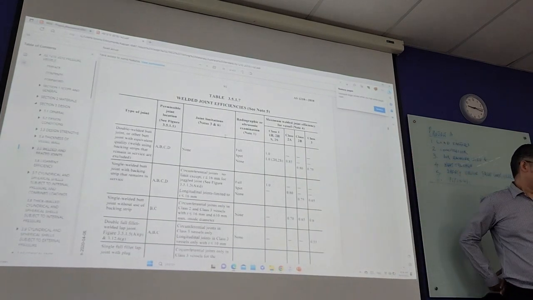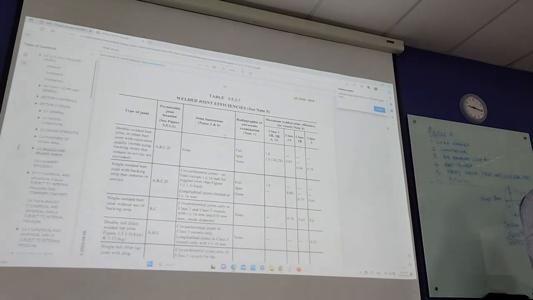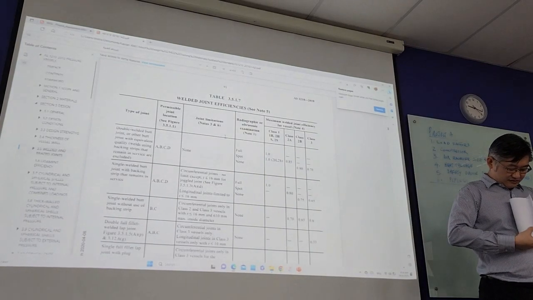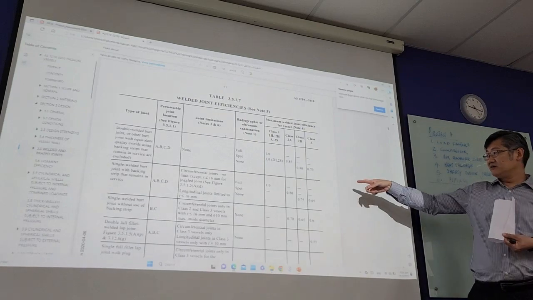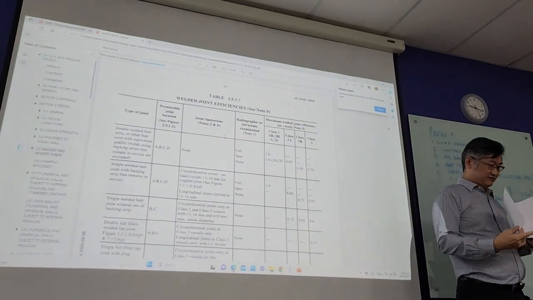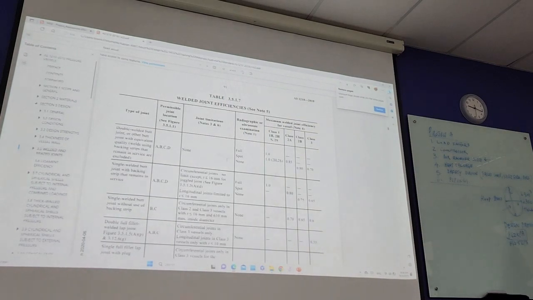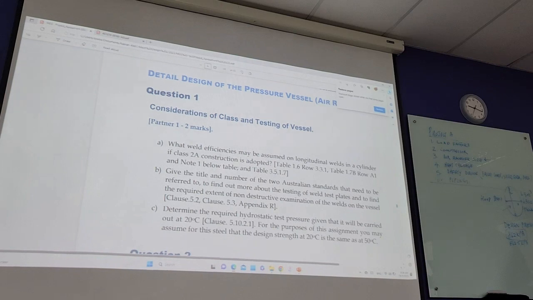For welding, just now we mentioned we need to build a receiver. We fold the sheet metal, then we need to weld it according to the requirement, 0.85 for efficiency. I believe this part is no problem, to prove that we use 0.85. Next, question 1 part B: give the title and number of two Australian standards.